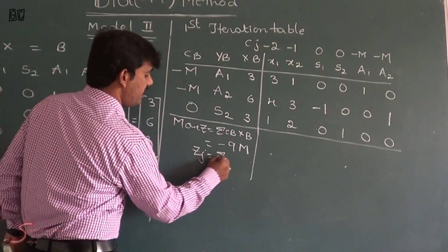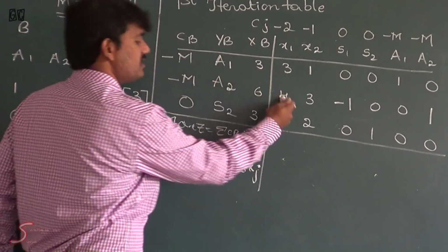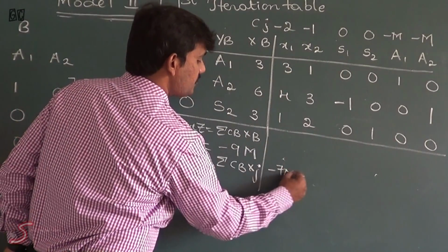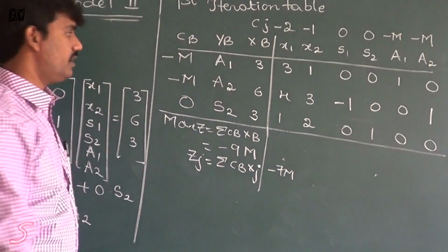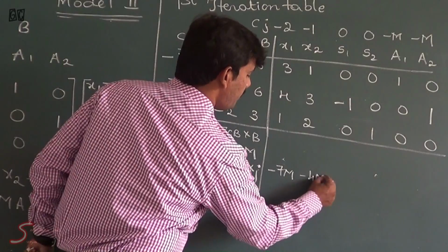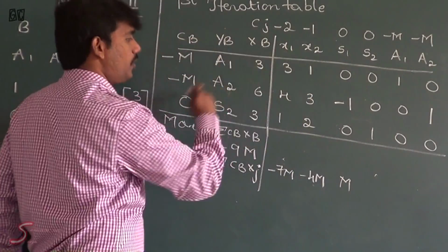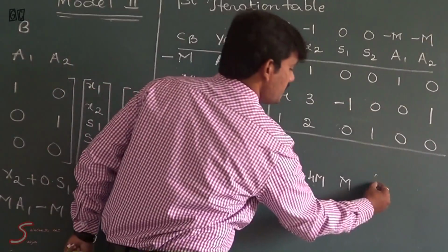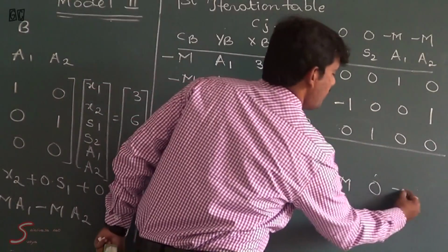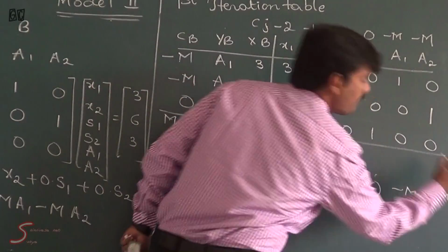The formula for zj is summation CB into xj. Minus 3M minus 7M, that is minus 4M, obviously minus 7. And again minus M minus 3M, that is minus 4M. 0 minus into minus plus M. 0 again 0 and again 0 and again 0. And obviously minus M. And also we have minus M into 1, again minus M.